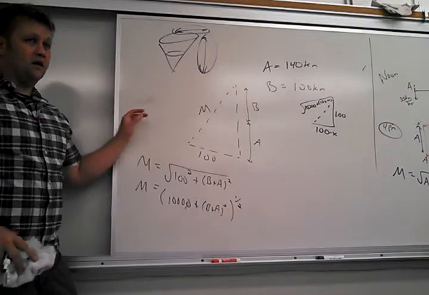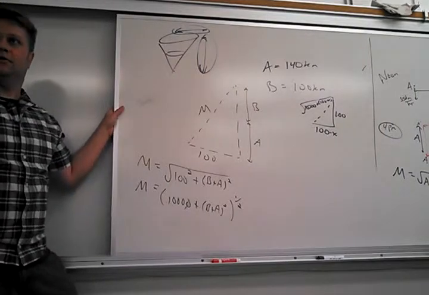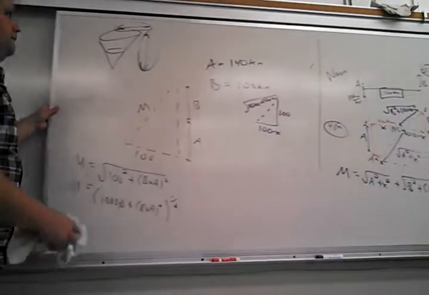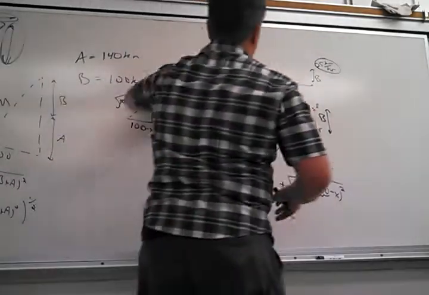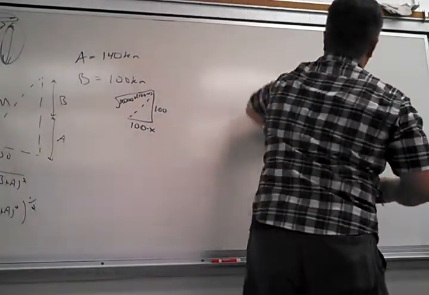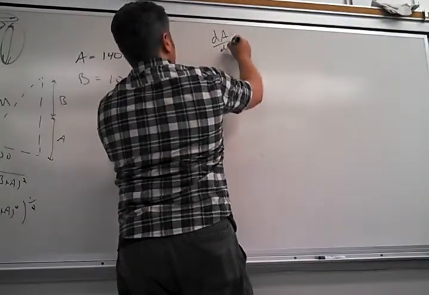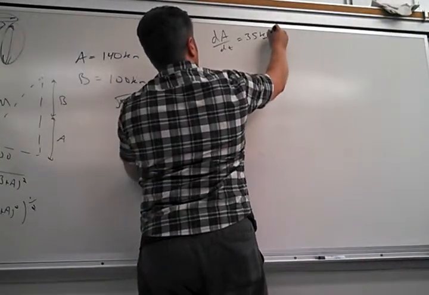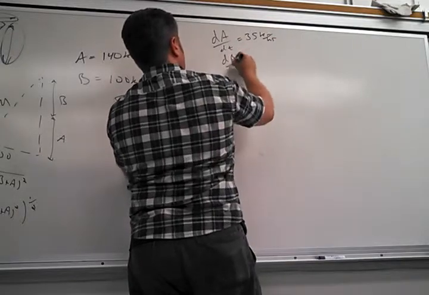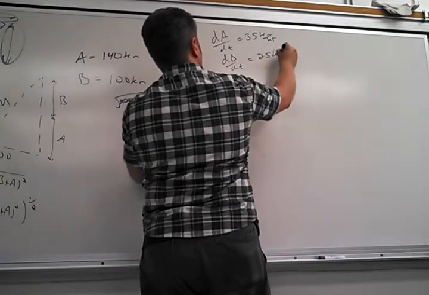You want to, it's okay to say right now, can you finish that one out? There you go. All right. So let me take away my first attempt here. So just to remind myself, dA/dt was the 35, right? And dB/dt was the 25.